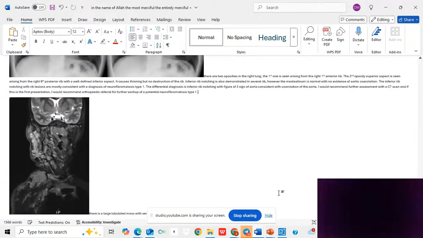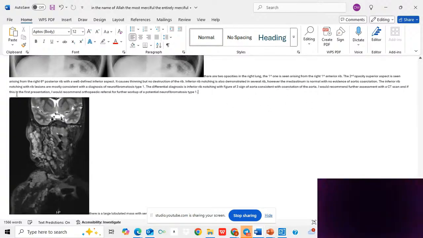So in this case, I would recommend further assessment with a CT scan. You need to have a CT scan done to confirm that these lesions are arising from the ribs and not from the lung.